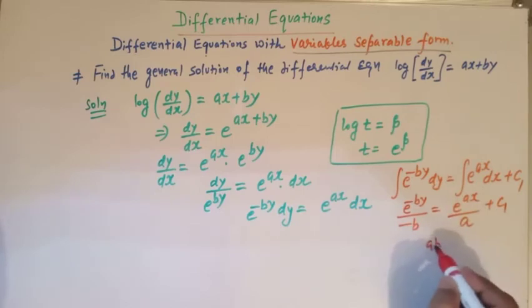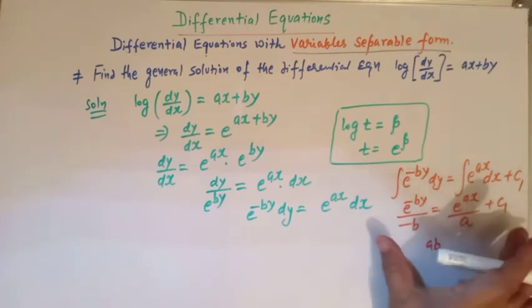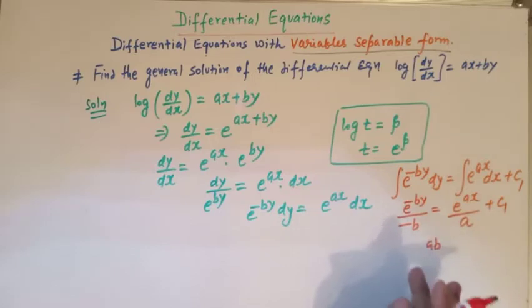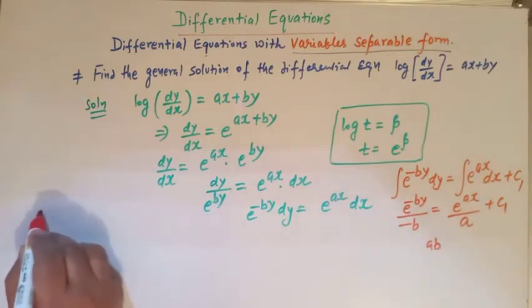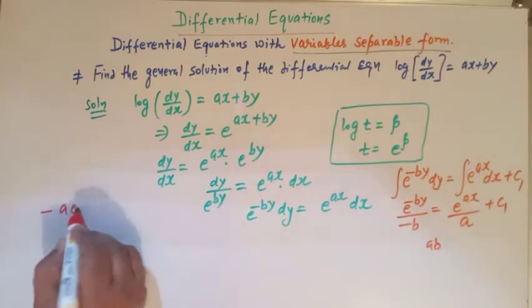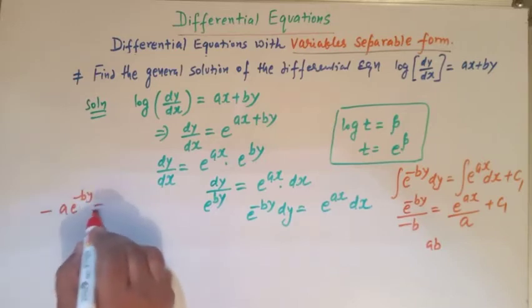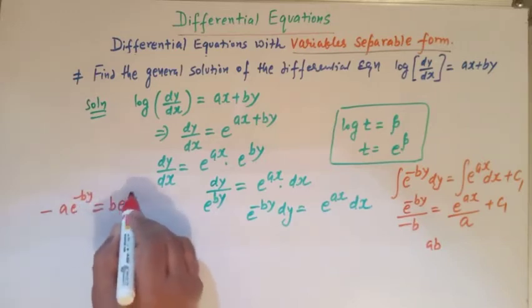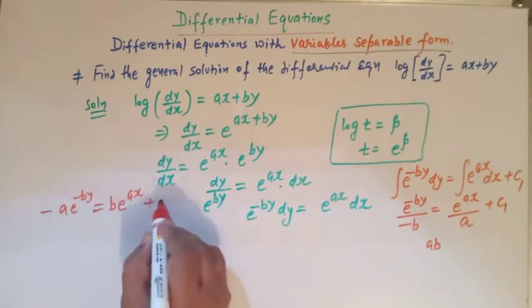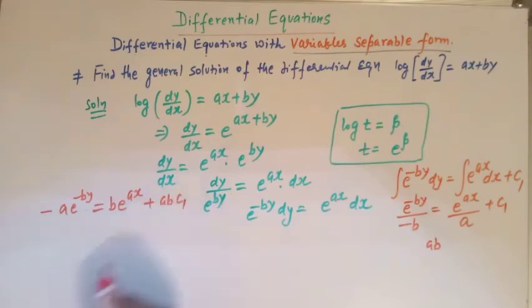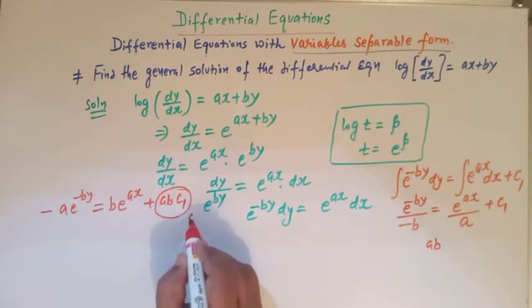So we multiply both sides of this equation by ab, then we get minus a e raised to minus by is equal to b e raised to ax plus ab times c1. Now this is another constant, and let us call it c2.